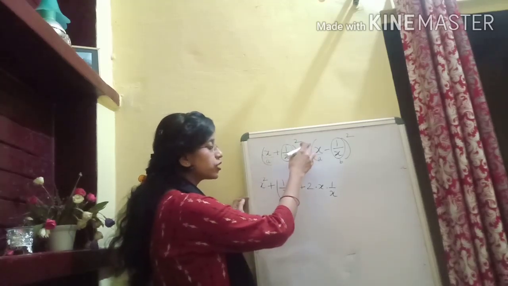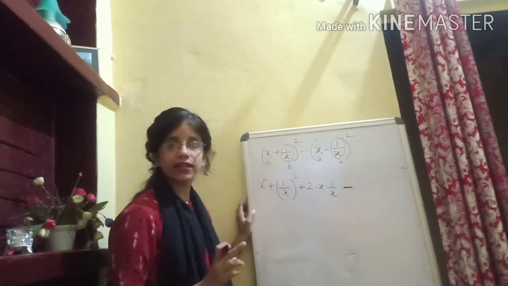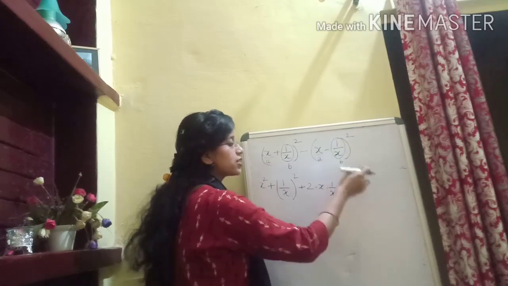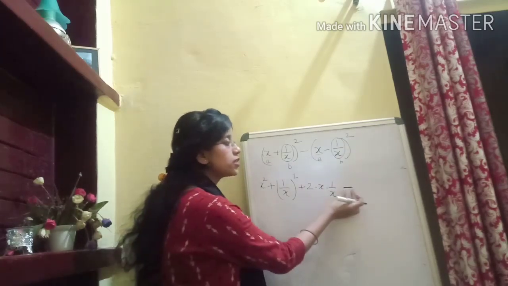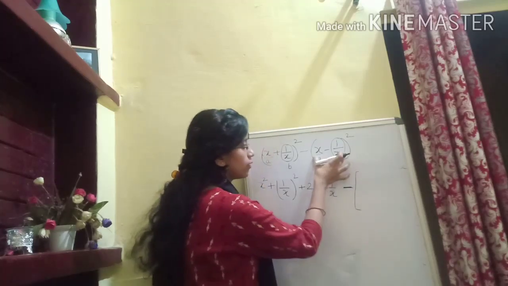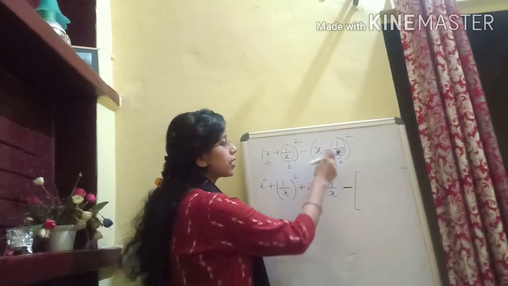Now in the question we have minus, and we have to apply the identity on the second term. But be very careful: when we open the bracket and apply the identity, we have to write it in a bracket, because here we have a minus sign. So I write the identity with the minus sign applied. Now it is (a − b)².